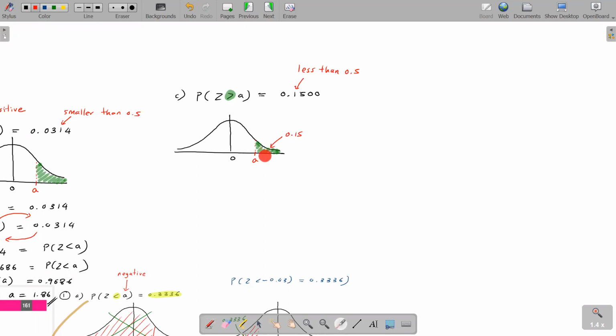You can see it does, because it doesn't cover more than half the area. So this works. 0.15 is a small area. So if that works, what does that tell you? It means the place where you thought A is positive is correct. So A is positive.